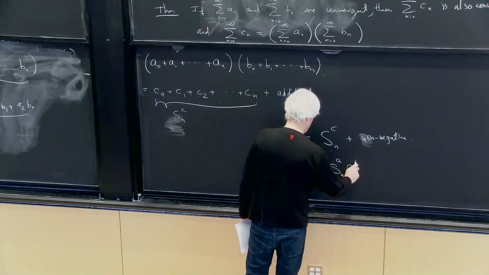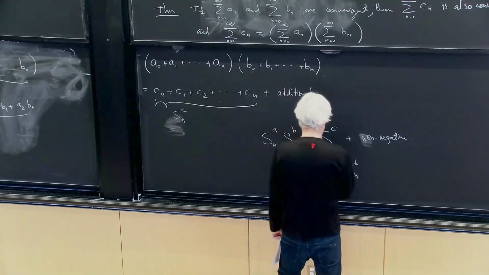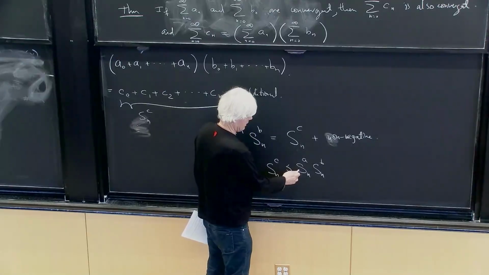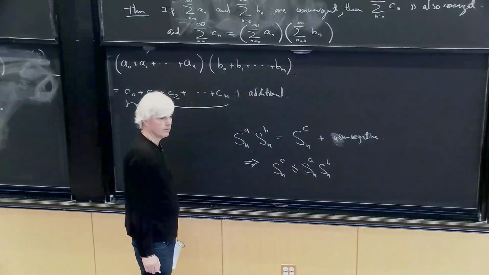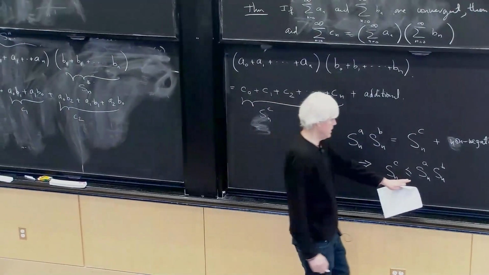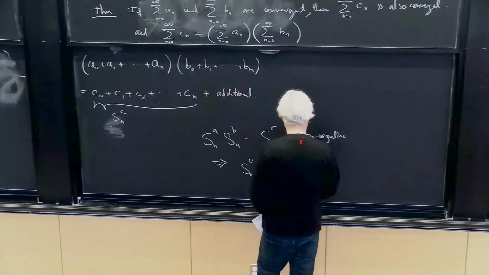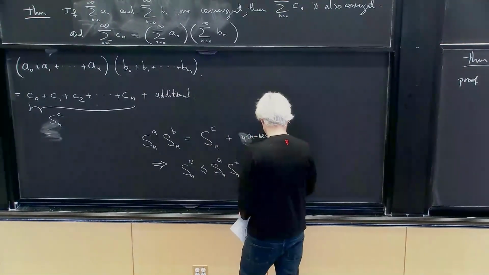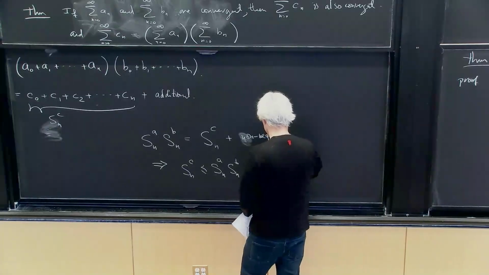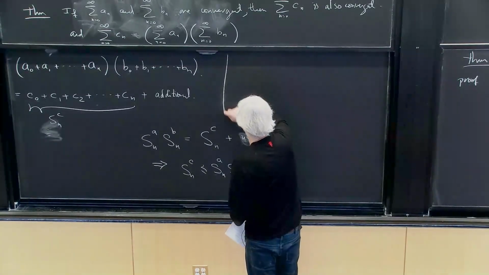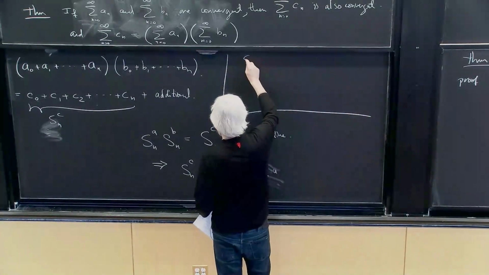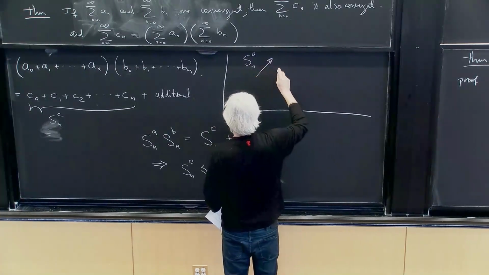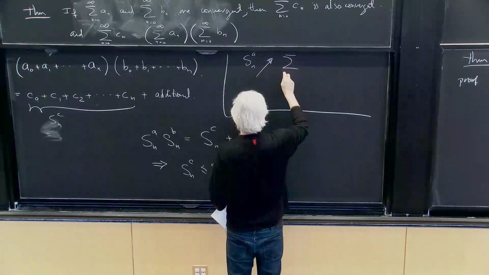But now you already have something, because these were increasing, since the An were all non-negative. The series was supposed to be convergent, so here I'm using that the SNA is monotone increasing up to the limit.